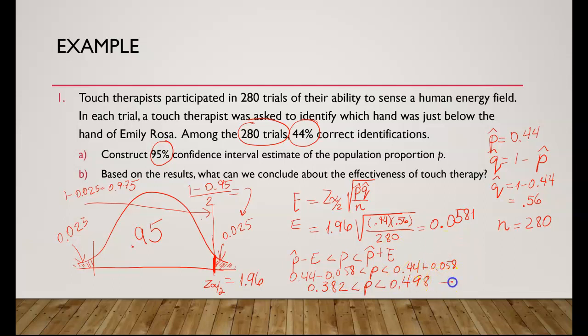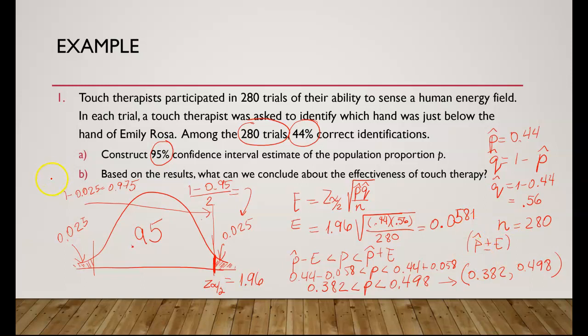We can also write the confidence interval as 0.382 to 0.498. There is the third way to write the confidence interval, p hat plus or minus E. We will look at it a little bit later.